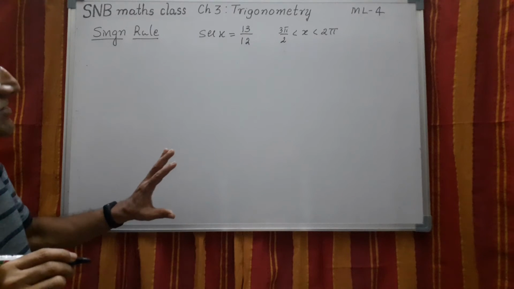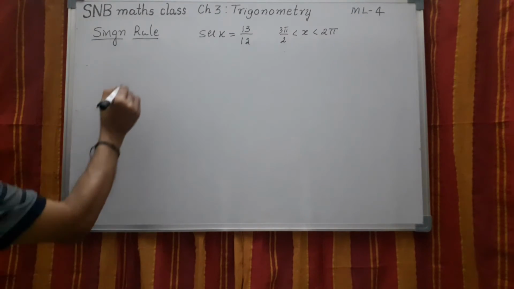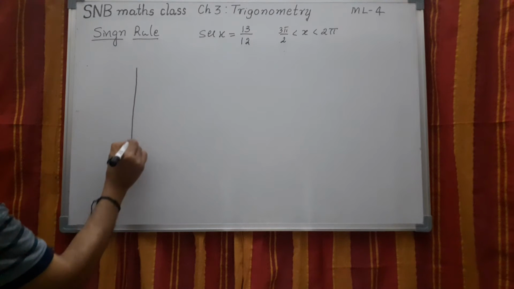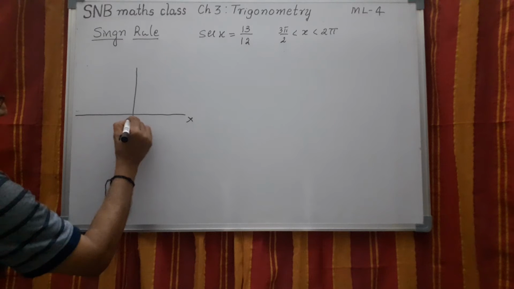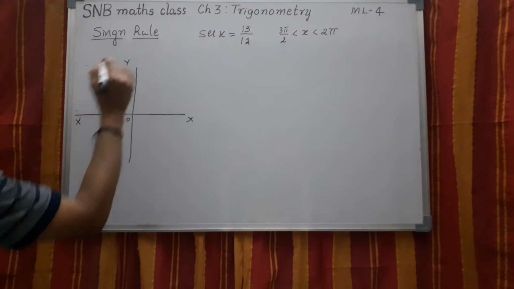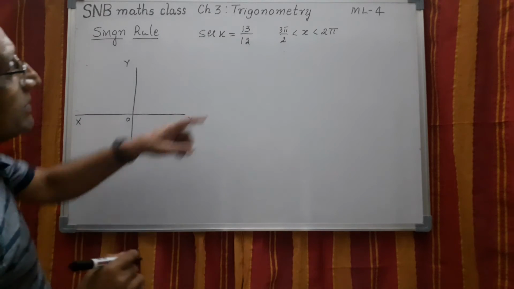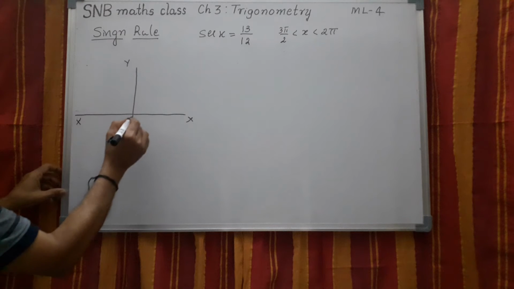What is very important here is that you have to decide where this angle is. So first you draw the coordinate system like this, X dash X, Y dash Y. Then secant x is in the fourth quadrant, therefore it should be like this.